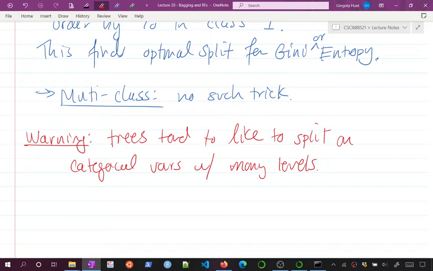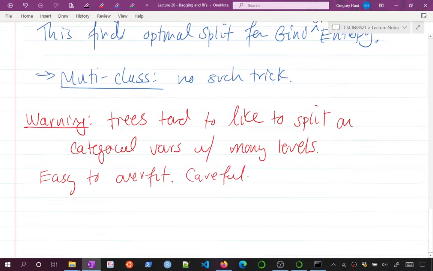Typically, we don't want to have like a 100-level factor that we're going to include in our tree. It's going to be really easy to overfit if you have that many levels. It's going to just have too many options for that categorical variable that we include. So let me just say easy to overfit. Careful.